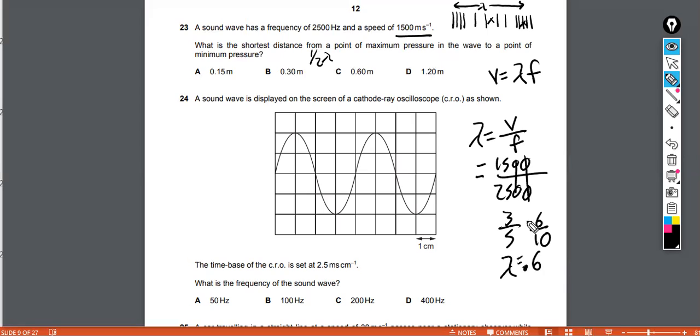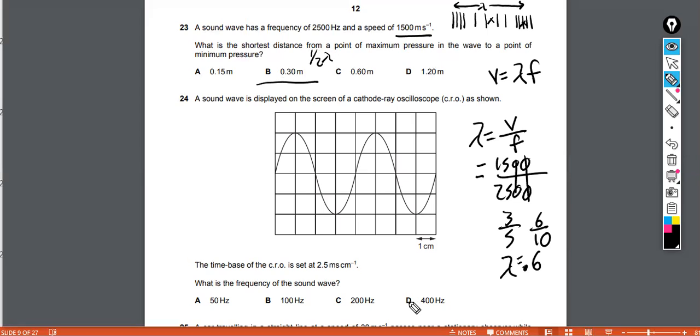No calculator needed if you can juggle that in your mind. So if the wavelength is 0.6, many students will be so satisfied with that calculation that they'll incorrectly choose choice C. But if you size up the question initially and go, as soon as I get the wavelength, I know to take half of it, this is asking about half the wavelength, then you'll correctly choose choice B. Half of 0.6 is 0.3.